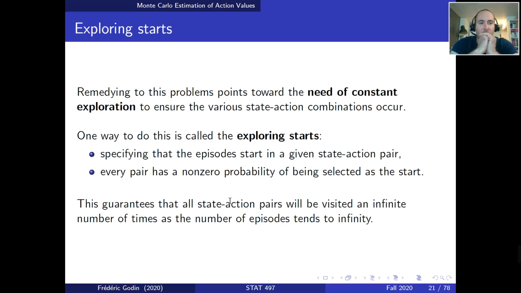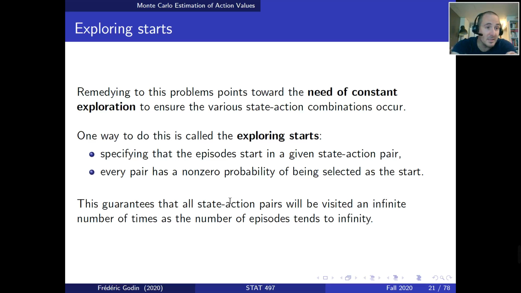Okay, so how do we remedy that problem? Well, this shows that we need to have constant exploration. If we want to use Monte-Carlo algorithms to estimate the action value function, it means that we must explore at some point all possible state action pairs, which means that in a given state S, every action should be sometimes selected with at least a small probability, to ensure that all possible state action pairs occur.